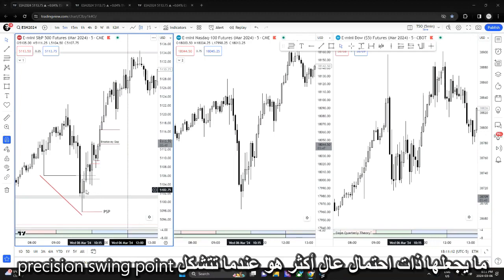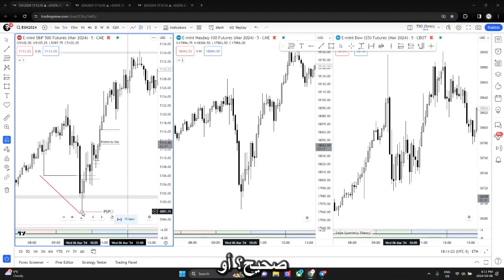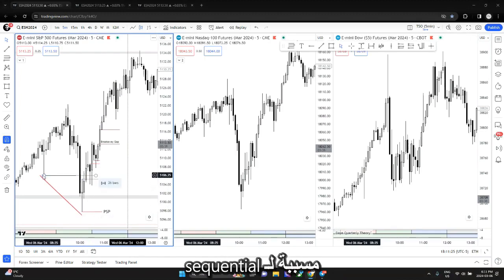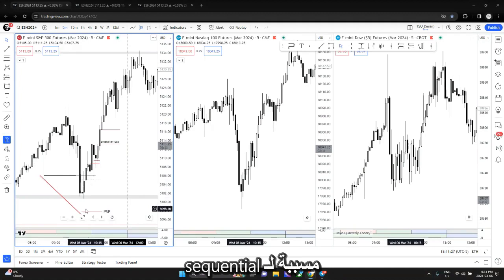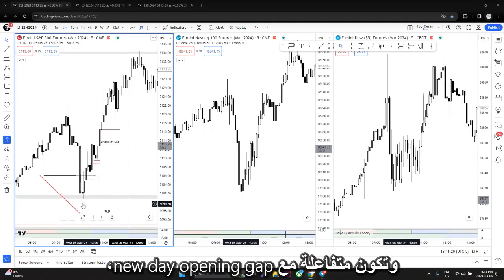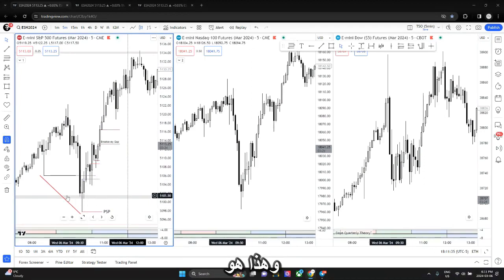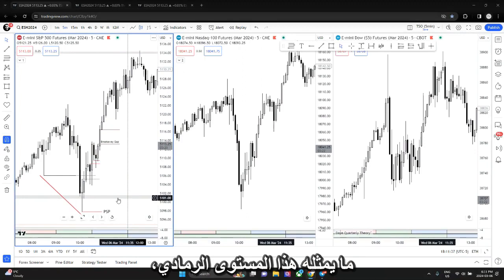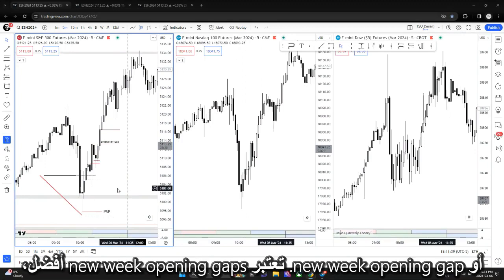And what makes it even more high probability is whenever you have the precision swing point forming after, or causing, sequential SMT, and while reacting to a new day opening gap, which is what this gray level is, or a new week opening gap.